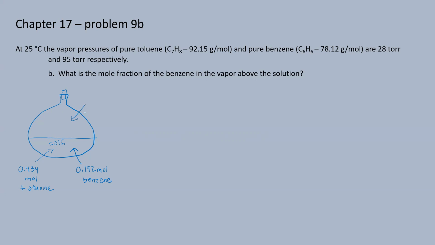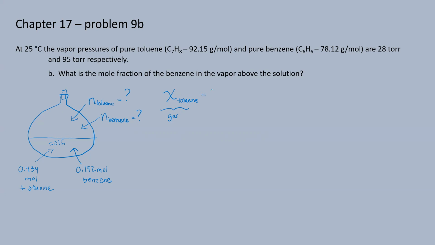But then up here in the gas phase, the moles of the toluene, we don't know. And the moles of the benzene, we don't know. So how would we get the mole fraction of the toluene if it's in the gas phase and we don't know those moles?